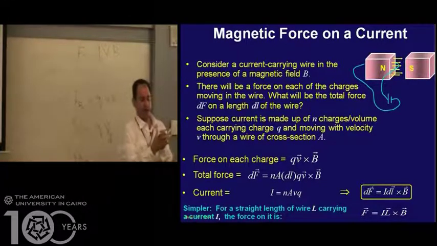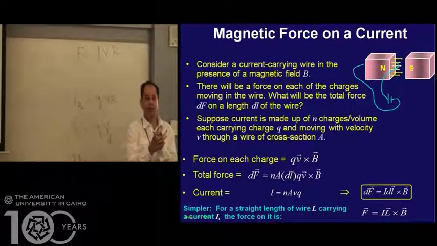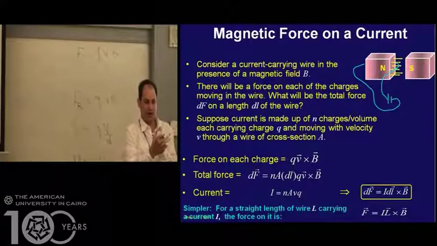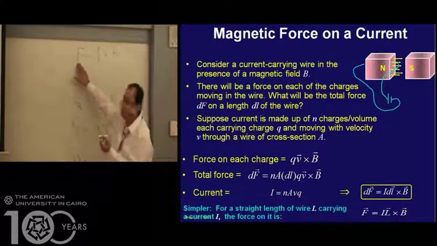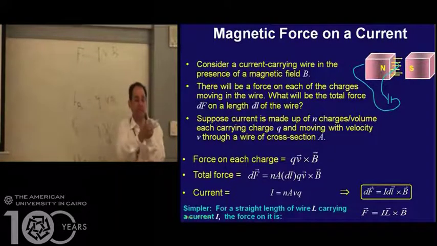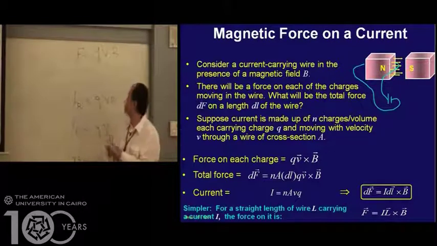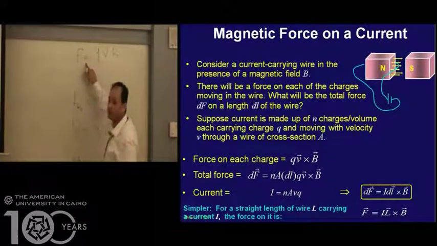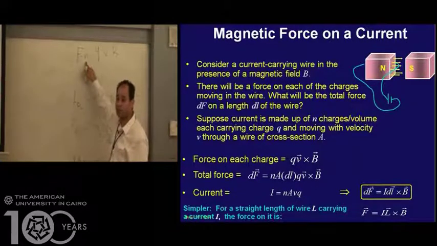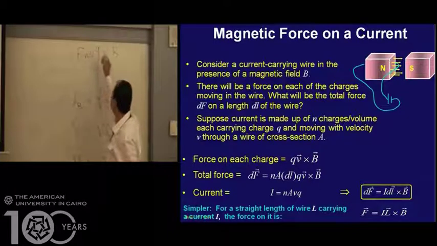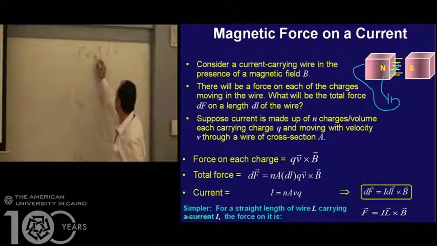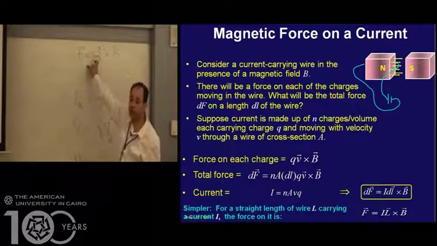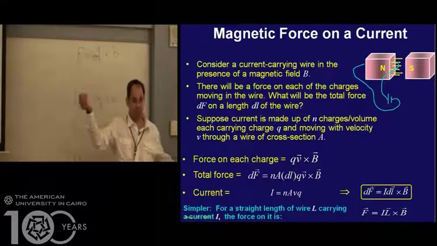For that piece of wire, if I'm able to find out how many charges are there, then I will be able to find the force acting on that piece of wire, right? So simply, how many charges? It's the number of charges per unit volume times the volume. This is the number of charges inside that piece of wire.